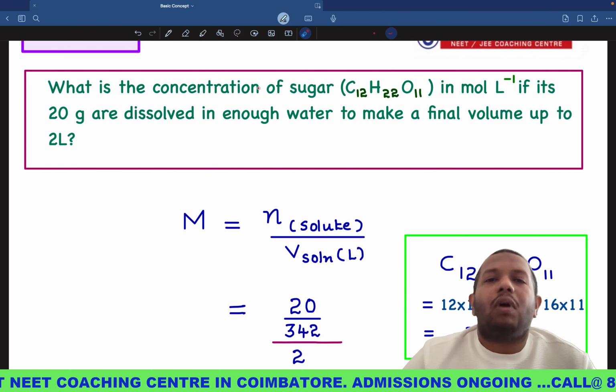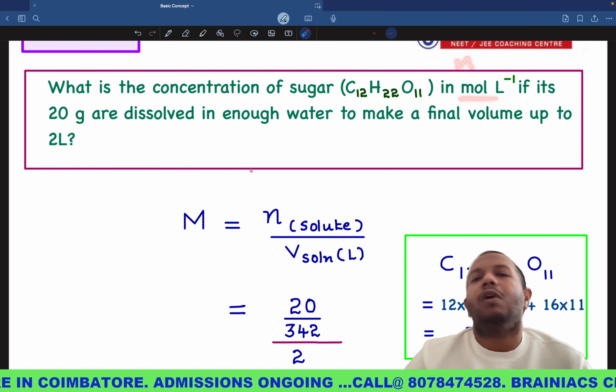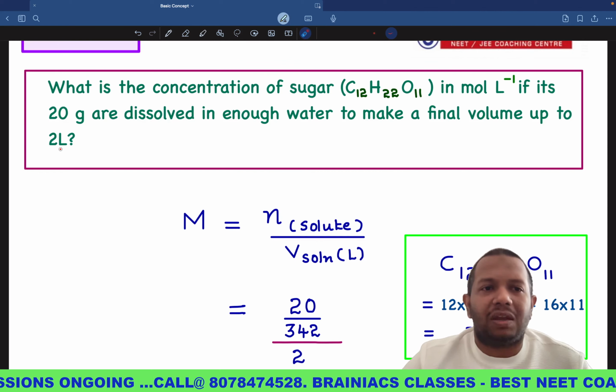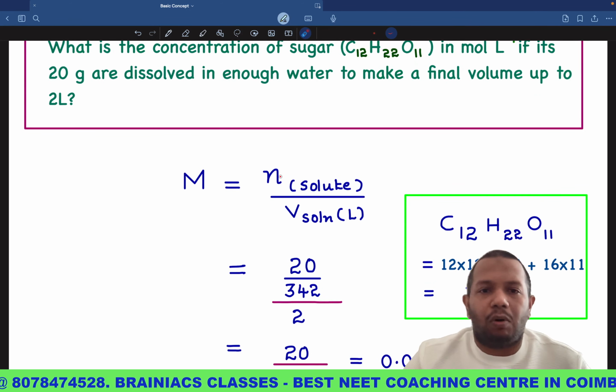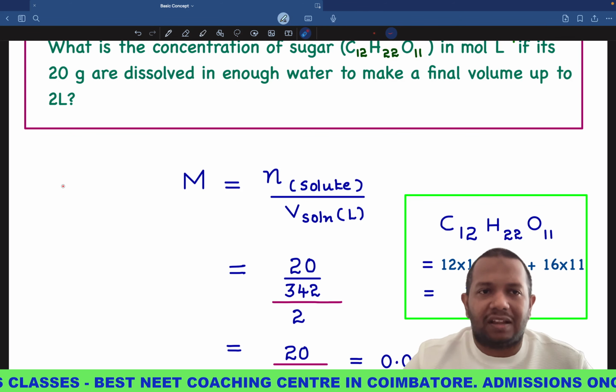The question is, what is the concentration of the sugar in mole per liter? So that means they are asking you molarity. If 20 grams are dissolved in water to make a volume up to 2 liter. So we know that molarity is number of moles divided by volume of the solution in liters. So number of moles, how can you calculate?